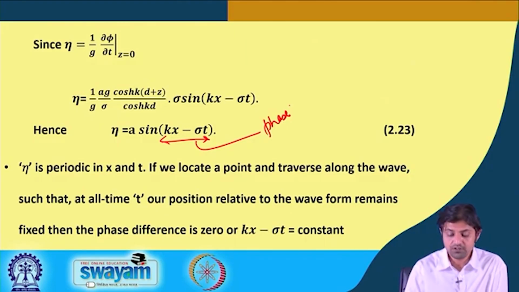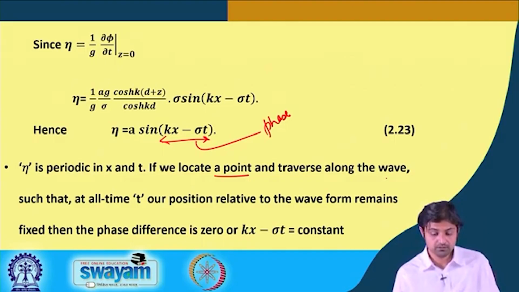What we do is, if we locate a point and traverse along the wave such that at any time t our position relative to the waveform remains fixed, then this means that kx minus sigma t will be constant.